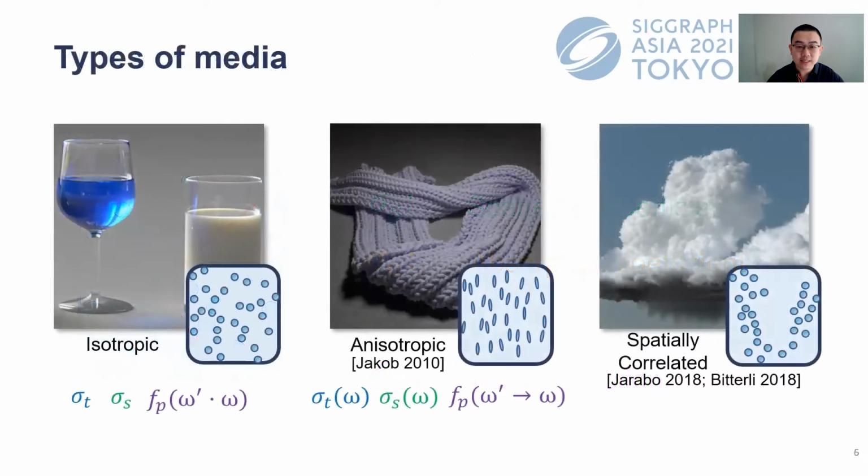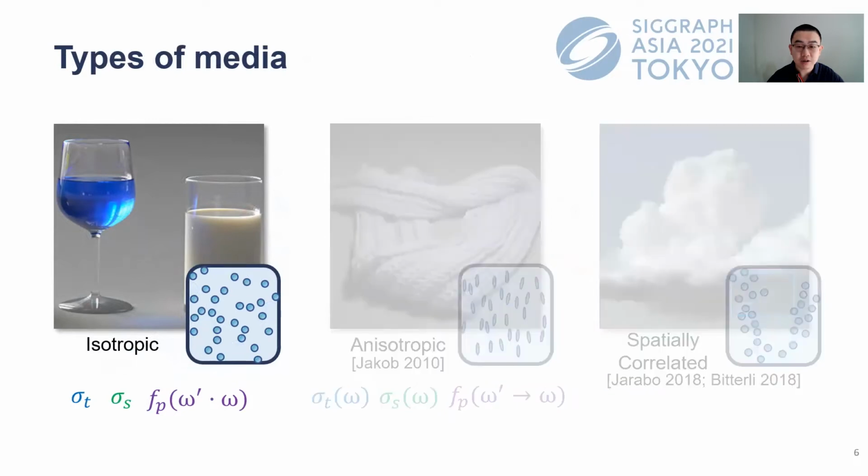People use different scattering models to describe the optical properties. The isotropic media assume that each particle has a position completely random and direction independent.